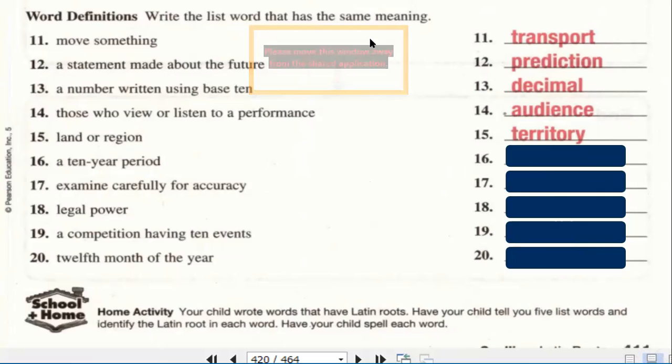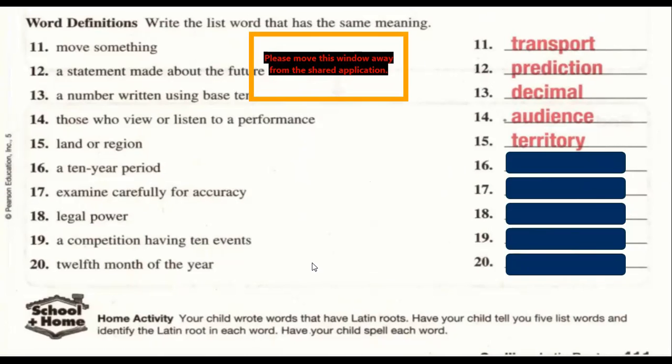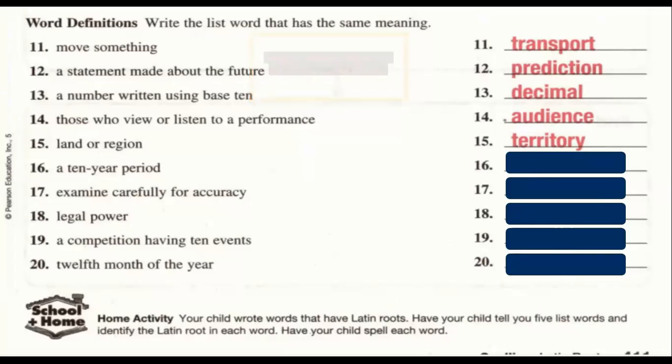Give him the chance. Yusuf, answer it. A 10-year period: decade. Okay, decade.